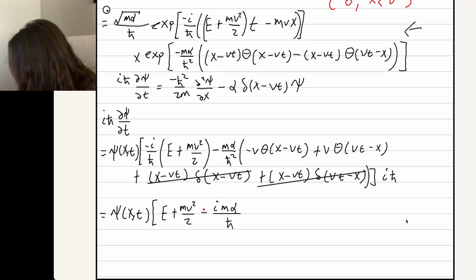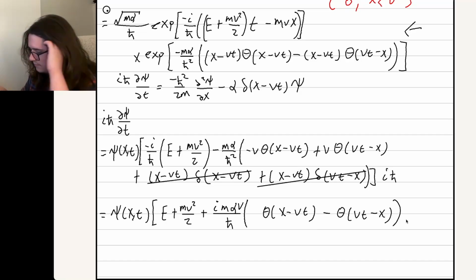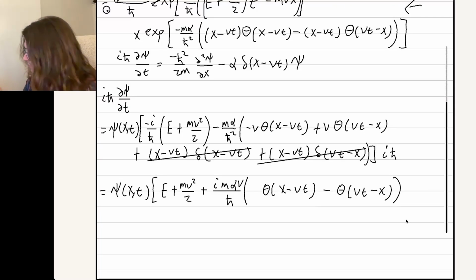Let's flip this stuff inside for fun, so we have just v theta of x minus vt. Let's move the v out as well because both of these terms depend on v, and then minus theta of vt minus x. That's all we're doing. Cool.